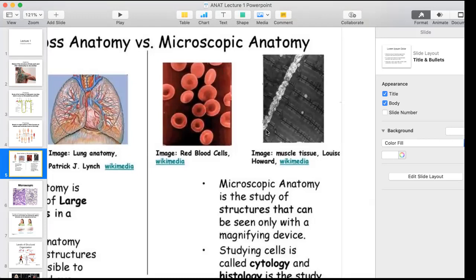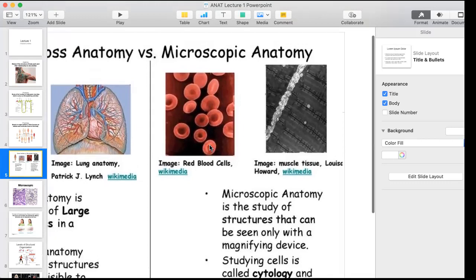Now, there are many different types of microscopes. At the introductory level, you use what's called a compound light microscope, where you use light in order to help visualize the image. However, there are many more powerful microscopes that can magnify things millions of times.